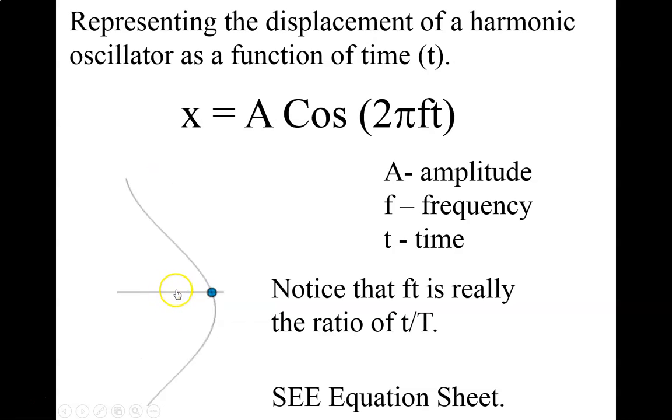And so the distance from the equilibrium position would be x as a function of time. A is the amplitude, then you've got your cosine function times 2 pi times the frequency f times time. Again, this is on your equation sheet.